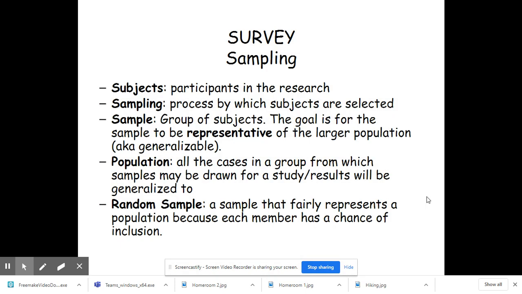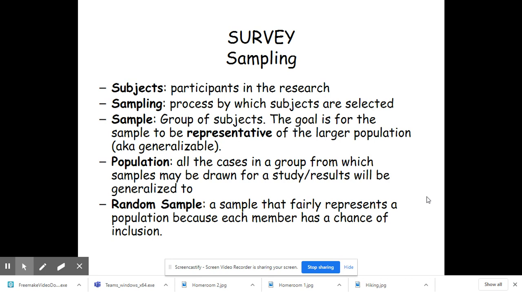So, a couple of terms that you need to know, and you should probably know some of these already. The population of a survey is everybody that the results will be generalized to. Let's say we want to do a survey of Ardrey Kell's opinion of our new principal, Mrs. Brooks.